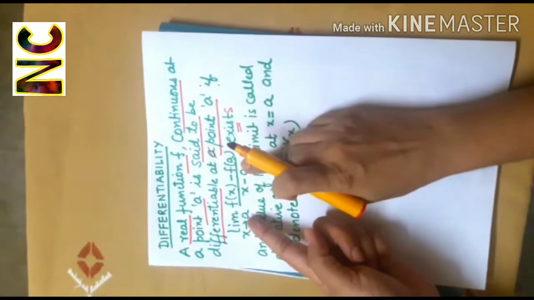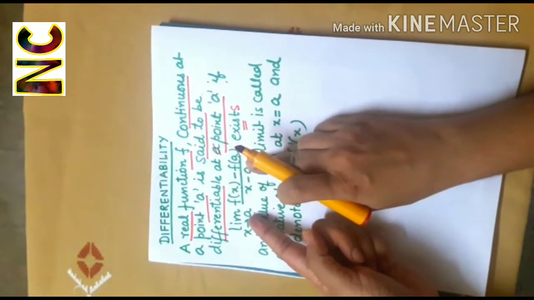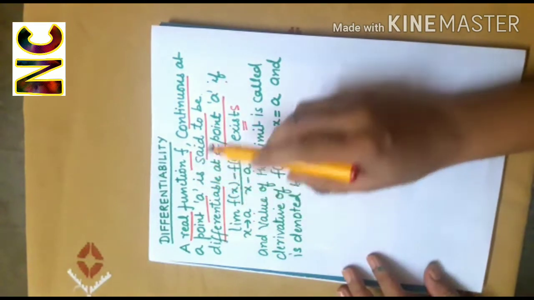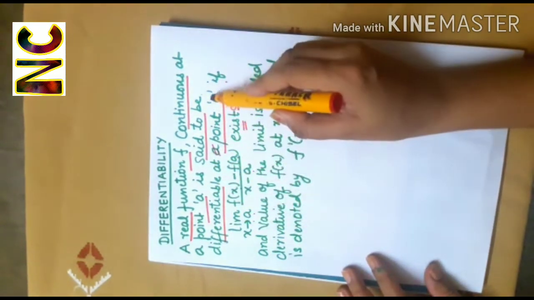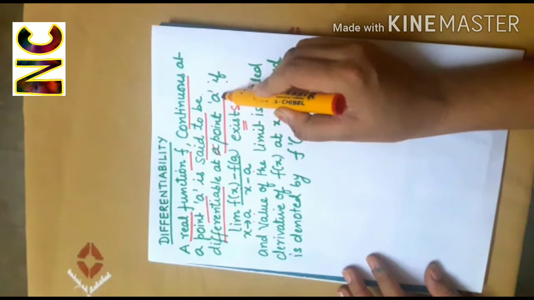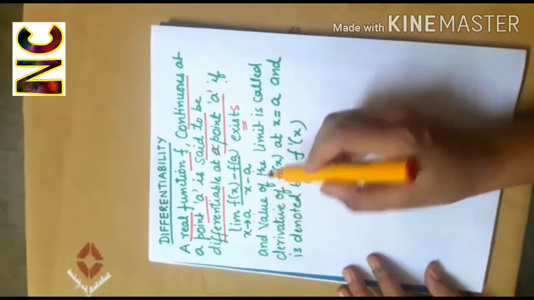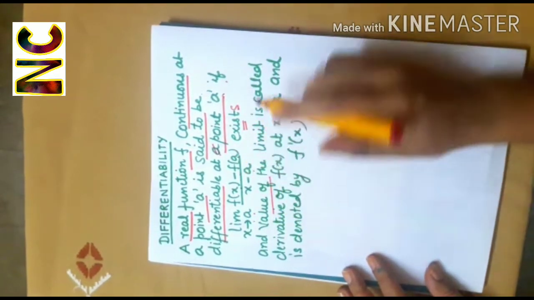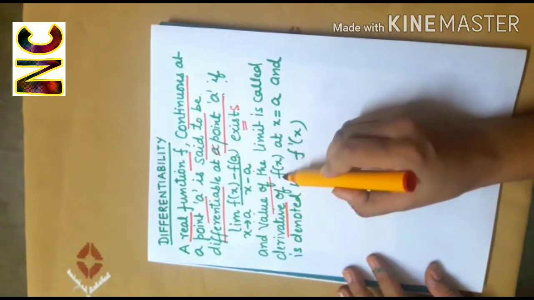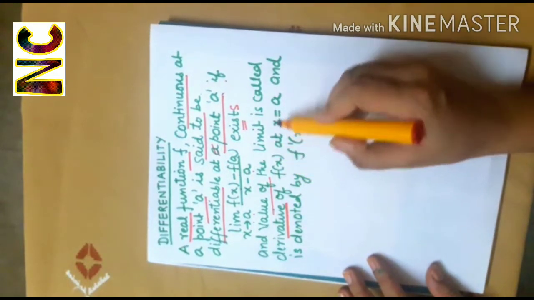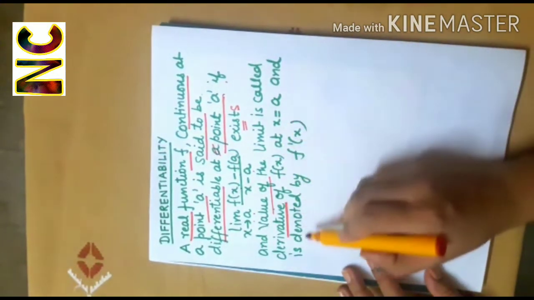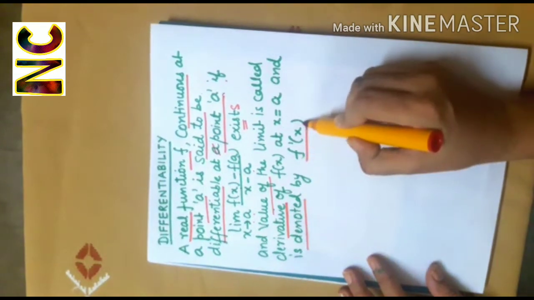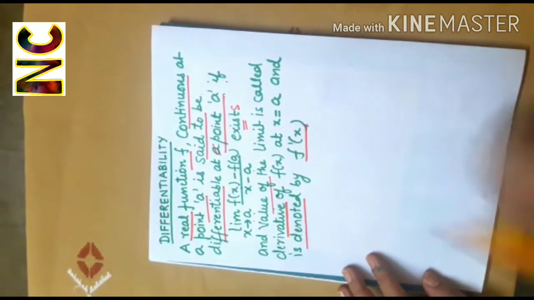If this limit exists, then we say that the function f is differentiable at that point a. And the value of this limit is called the derivative of the function f(x) at x equal to a and is denoted by f dash x.